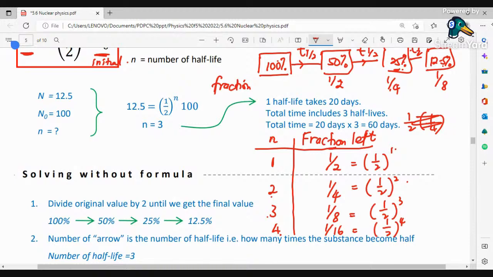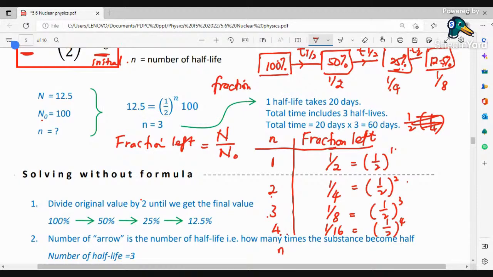How to calculate fraction left? Let's say initial one is N0. Awalnya ialah N0. After certain time taken, the remaining is N. So fraction left equals to N/N0. Ini fraction left. Okay. Let's say after n half-life.